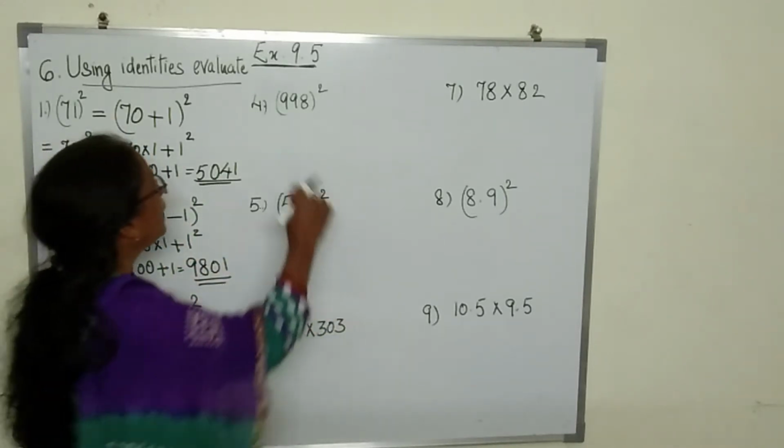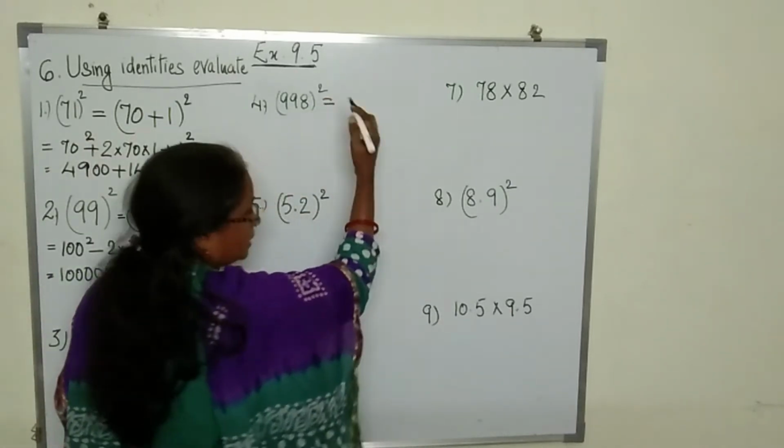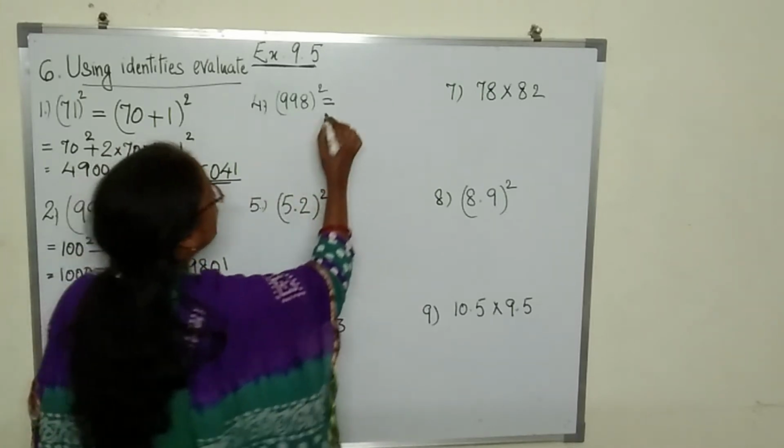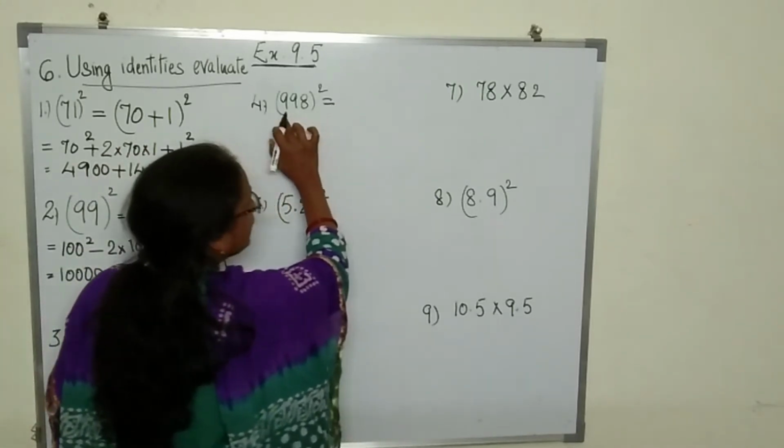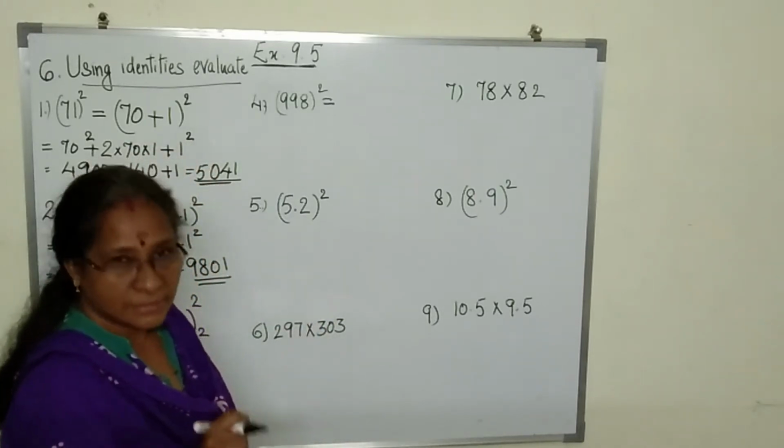Okay. Now here 998 square, 3 digit by 3 digit. How easily we can do it, you see. The zero ending number nearer to 998 is 1000.